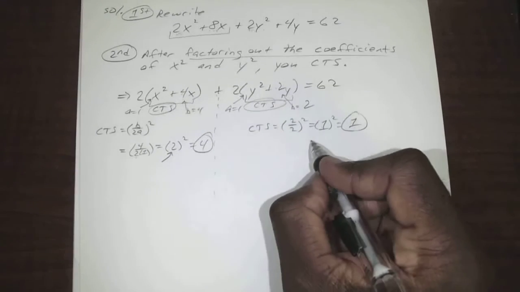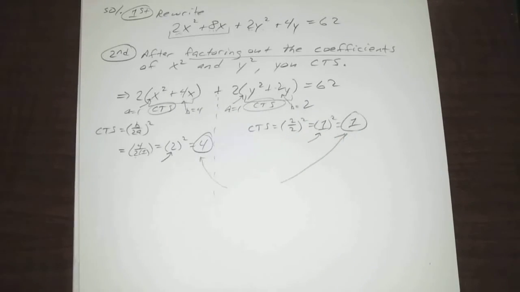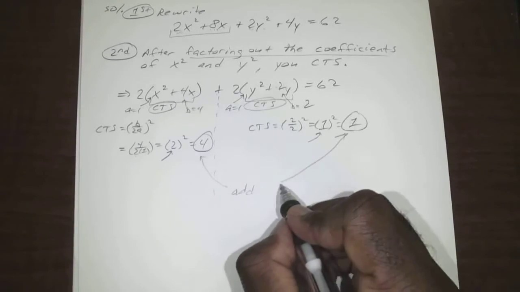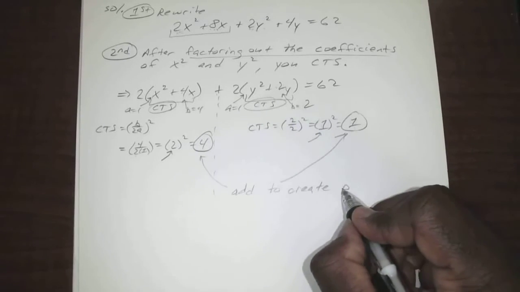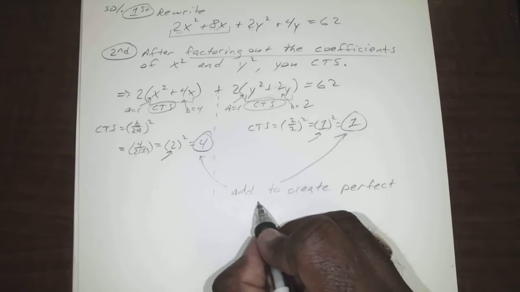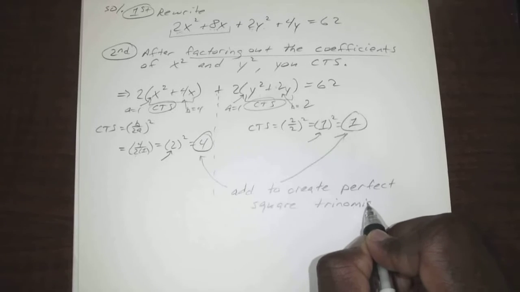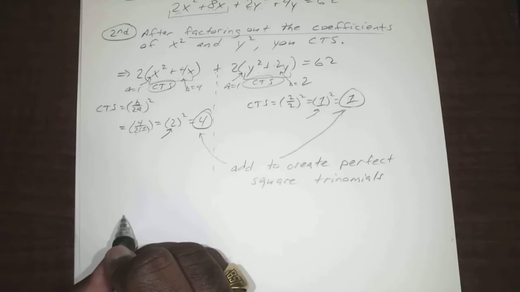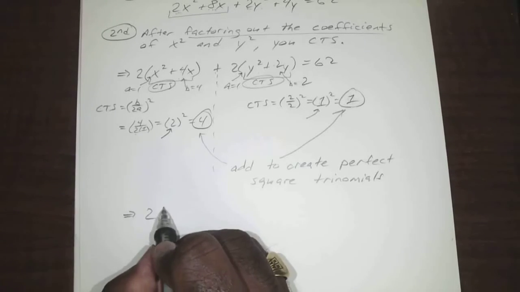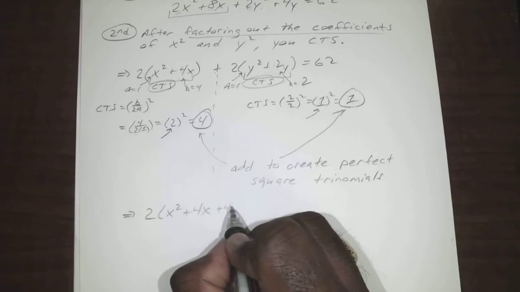Okay, so just like before, we're going to add those to both of your factors. So we add to create perfect square trinomials. Okay, so if we add it inside of here, we have 2 times x squared plus 4x plus 4.